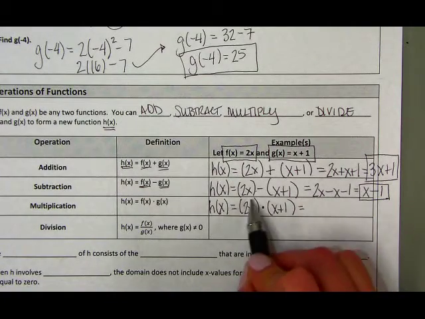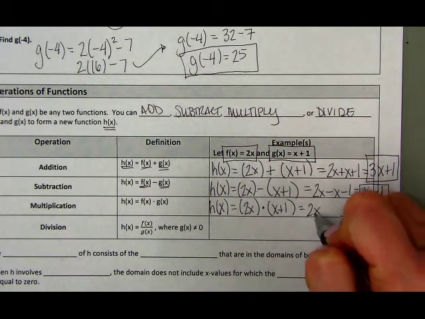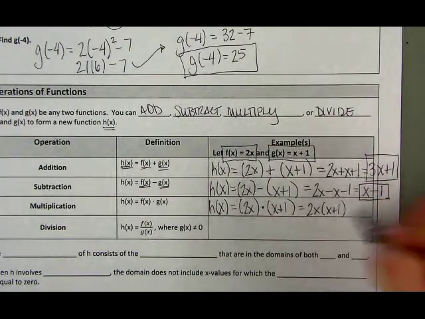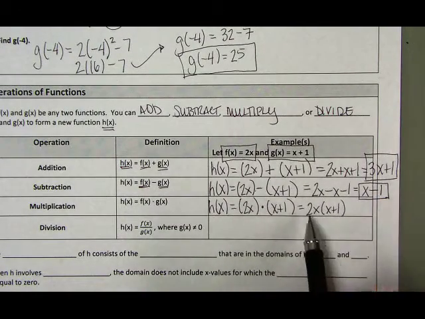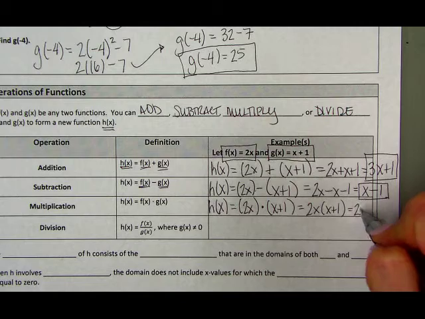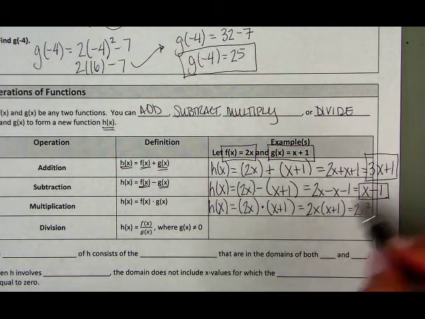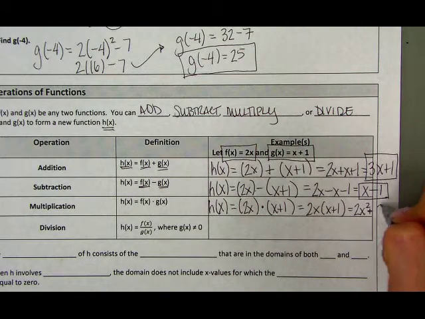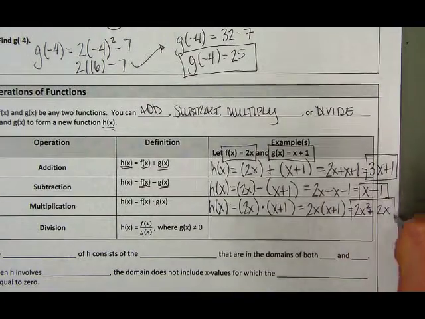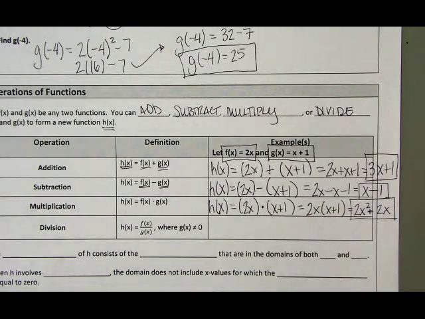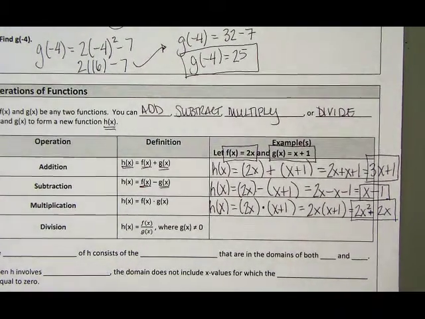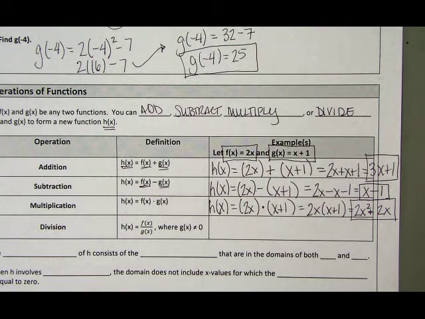I'm going to rewrite this one without the parentheses. And this is your distributive property. 2x times x is 2x squared, and 2x times positive 1 is plus 2x. And that's my answer for multiplication for this example.